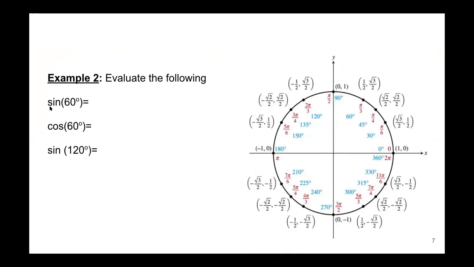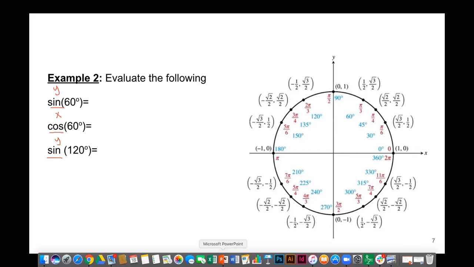So over here, first off, I know that sine, according to the big idea, means I'm looking at the y coordinate. Cosine means x coordinate. Sine means y. So I'm going to go ahead and just do this as a run through. Feel free to use the chat or unmute if you'd like to participate and share with us if you have an understanding of this. But here we go. So 60 degrees.